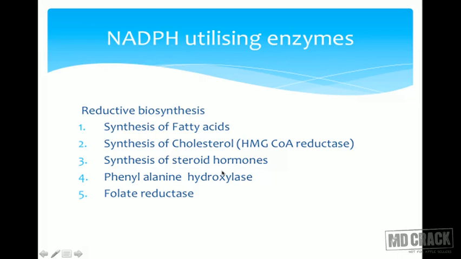All the steroid hormones, corticosteroids, estrogen, progesterone, testosterone, any of these requires NADPH. Phenylalanine hydroxylase is another important enzyme; though it requires tetrahydrobiopterin, there is one isoform which can be utilized, further in phenylalanine metabolism. Folate reductase also requires NADPH.